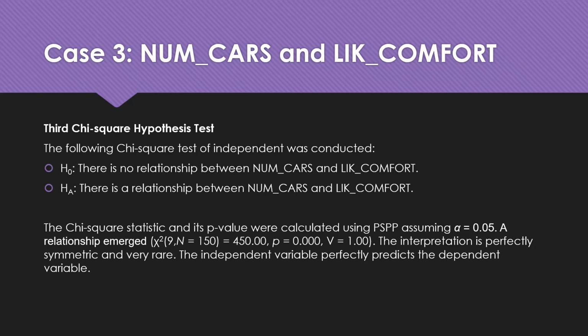The N value is the total number of cases, which is 150. The chi-square value is now 450.00. The p-value is equal to 0.00, and Cramer's V is at 1.00. In this case, we could say that there is a perfectly symmetrical relationship between the number of car payments and Likert comfort level.